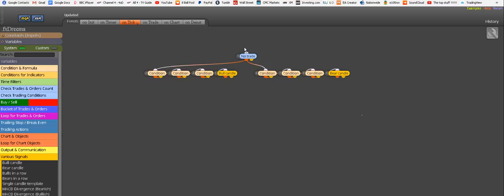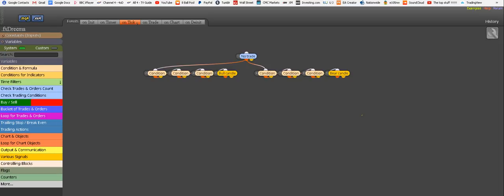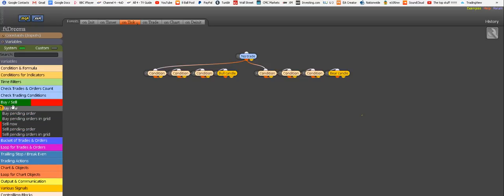Update. Done. We have all the buying conditions, and we also have all the selling conditions. Now, we need to start actually buying and selling, performing those functions, and where we take it from is down here, a big tab called Buy and Sell, and for buy we need Buy Now, and for sell we need Sell Now.